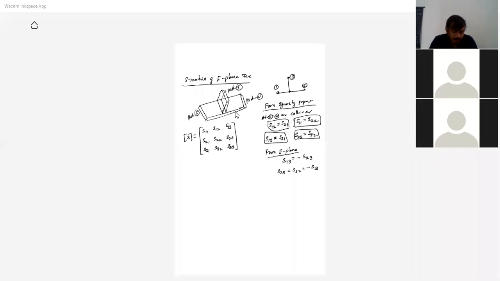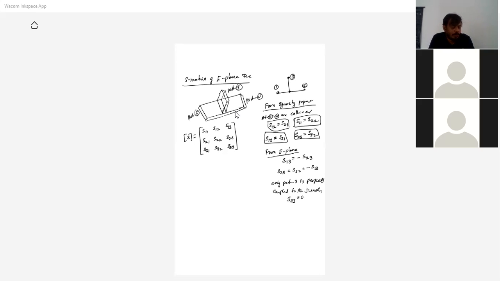Because of this E-plane property, and because only port 3 is perfectly coupled to the junction, we can write S33 is equal to 0.